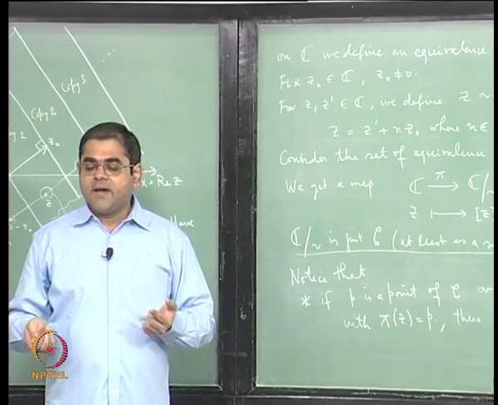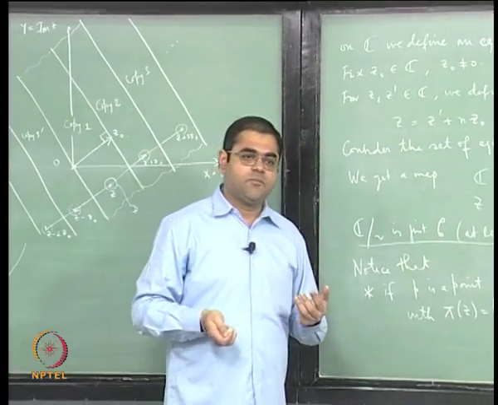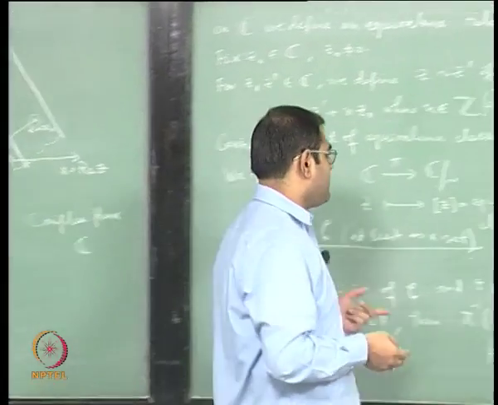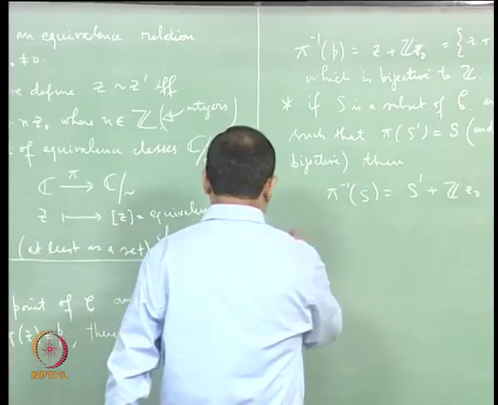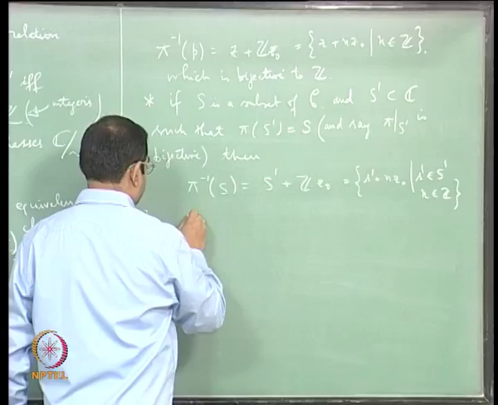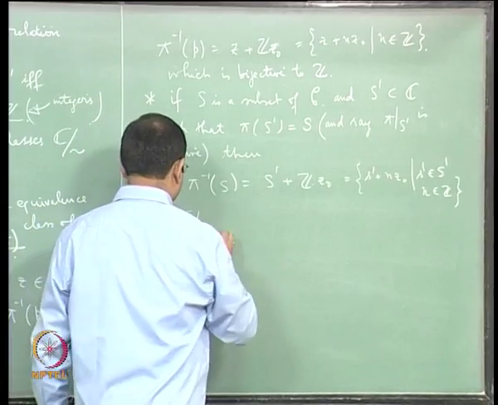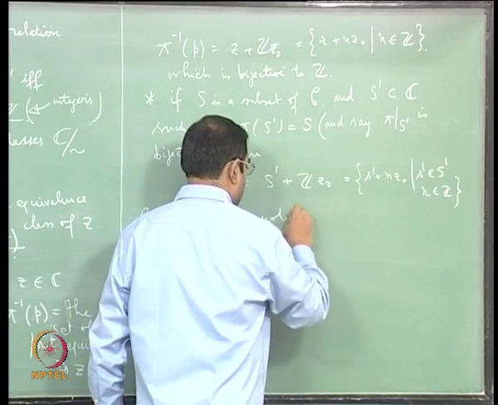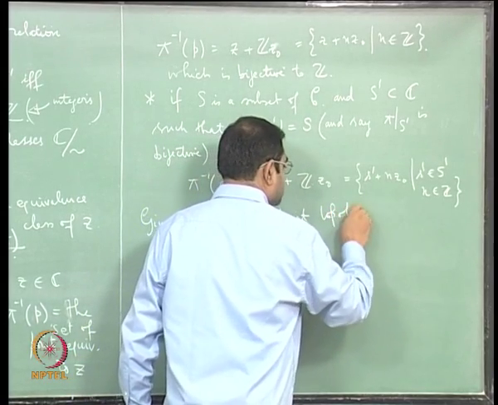And the way you do that is a standard technique in topology, which is called giving the quotient topology. So let me come to that. Give C mod tilde, the set of equivalence classes, the quotient topology. What is this quotient topology?